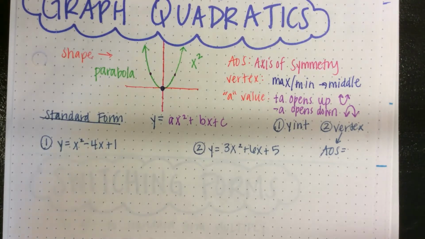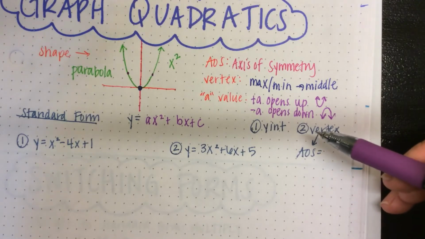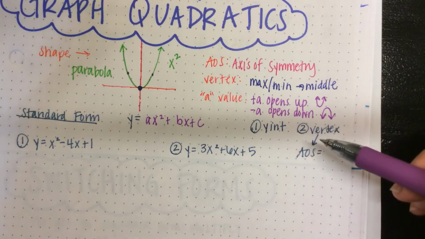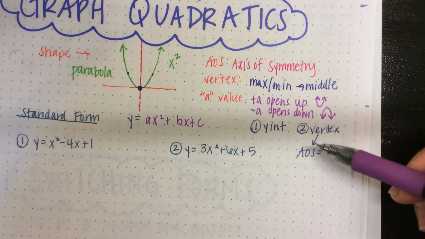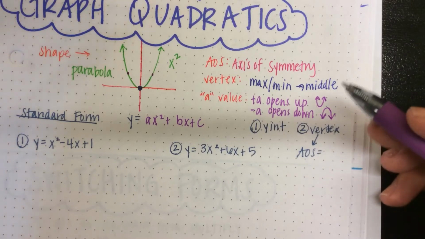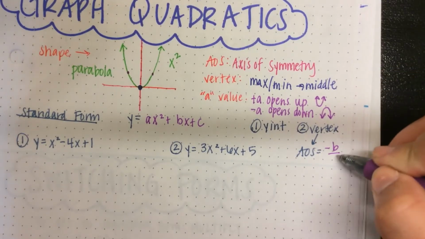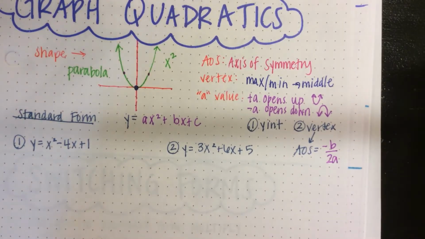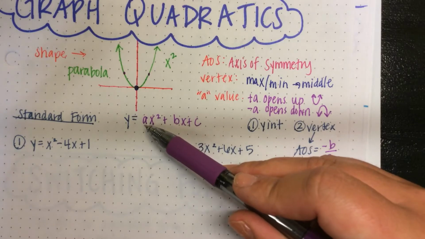All right, so the vertex, right, in standard form, and I wrote it second, and I'll show you why in a second. It's a little more work to find it. So to find the vertex, I first have to find my axis of symmetry, because I know that it's on that axis of symmetry. My formula for the axis of symmetry is negative b over 2a. Okay, and b is talking about b in my standard form, and a is my a in standard form.